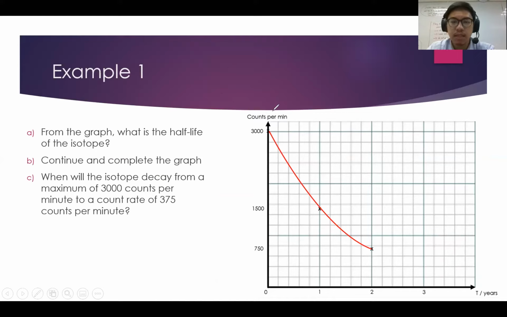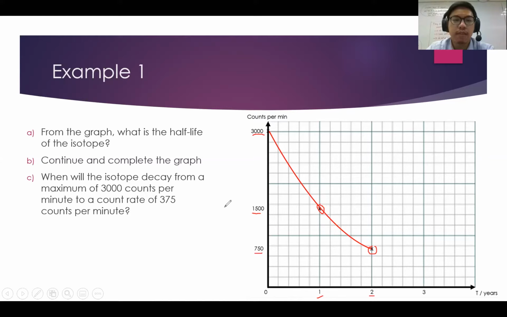When the time is 0, at the beginning, it has 3,000 counts per minute, and when the time is 1 year, it has 1,500 counts per minute, and then when the time is 2 years, it becomes half again, which is 750 counts per minute.